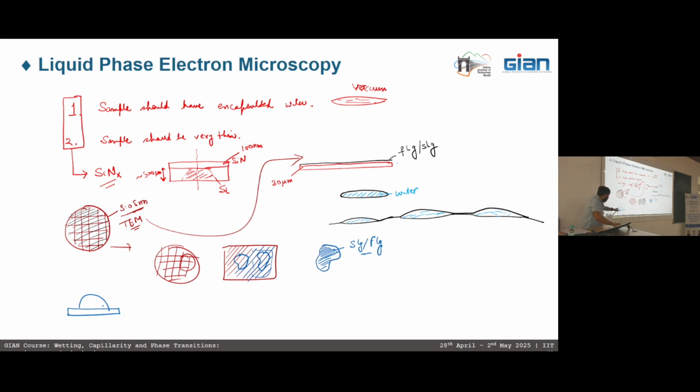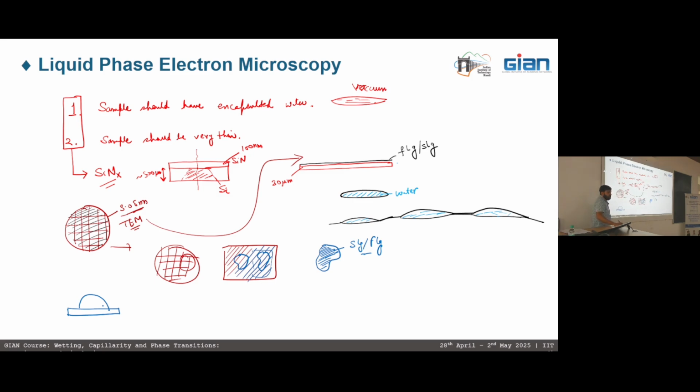And now this can be used inside the TEM, because now we don't have the water, it cannot leak inside the TEM. So this is how you prepare a liquid cell.